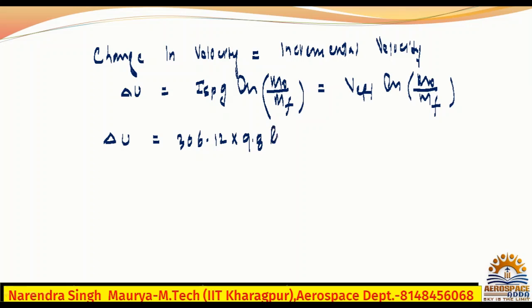Ln, what is the initial mass you have calculated? 1720. What is the final? It is 1000. What is delta u? Let me calculate. 306.12 into 9.8 into ln of 1720 divided by 1000.